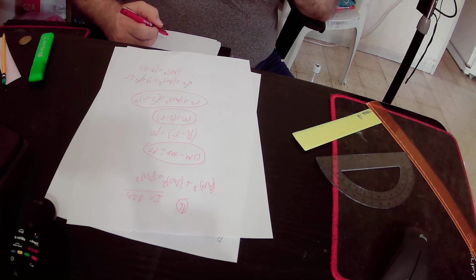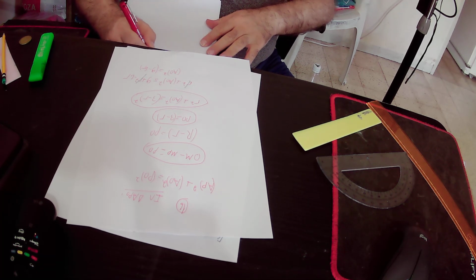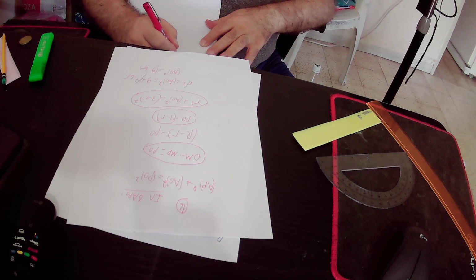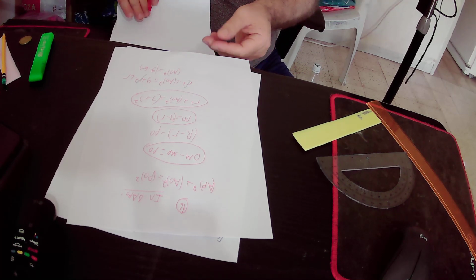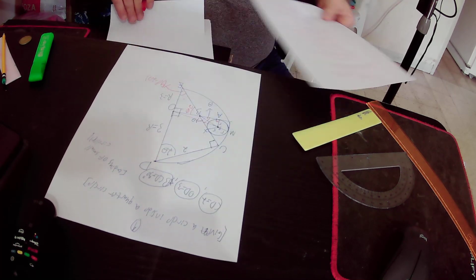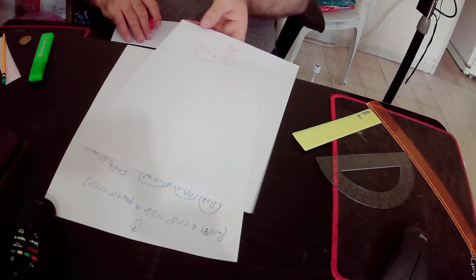Here we will take a root of this equality and we will get that AO equals the root of 9 minus 6r.